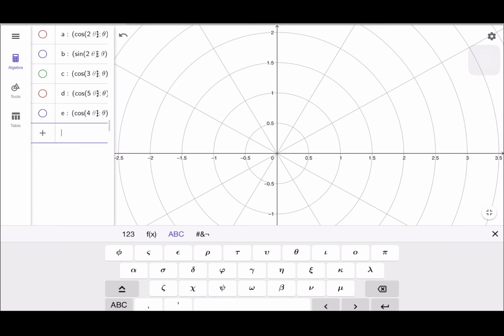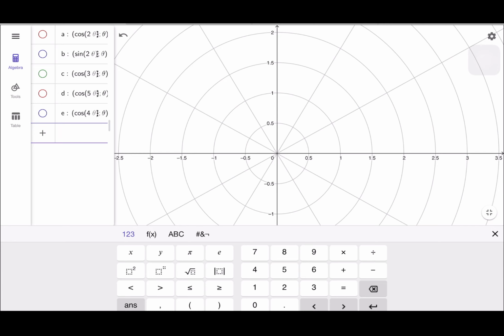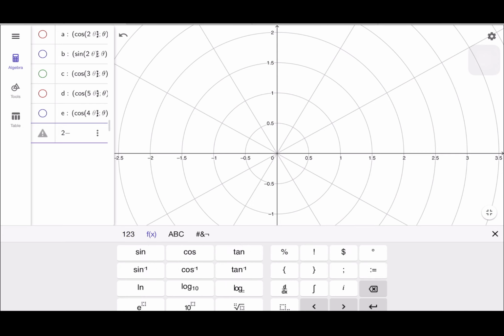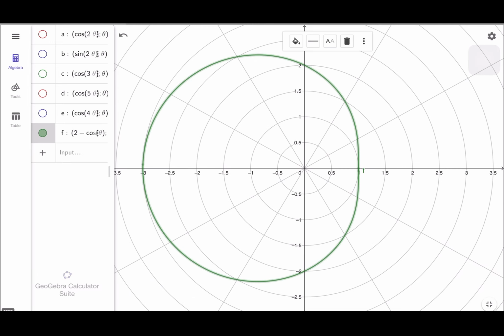And we can check any polar curve that we can think of. Let's say 2 plus or minus cos. This will be the limaçon that I think we mentioned briefly.